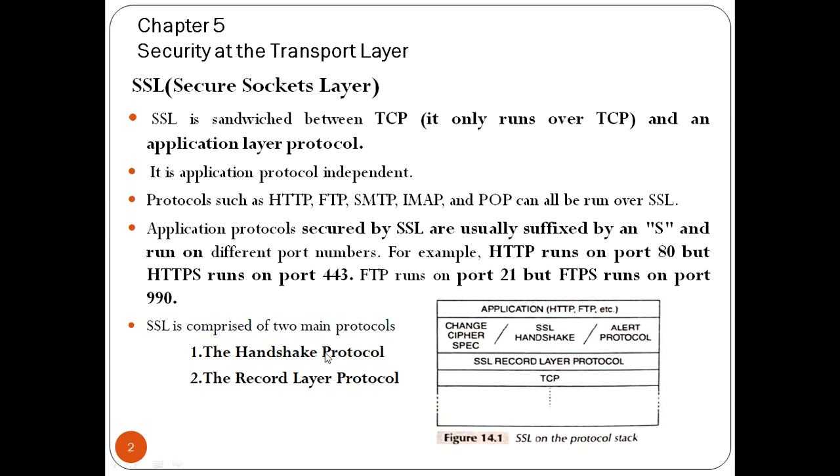Now this SSL is comprised of two protocols. This is the layer showing the SSL handshake, and the layer below it is the SSL record layer protocol. So let us discuss these protocols one by one.